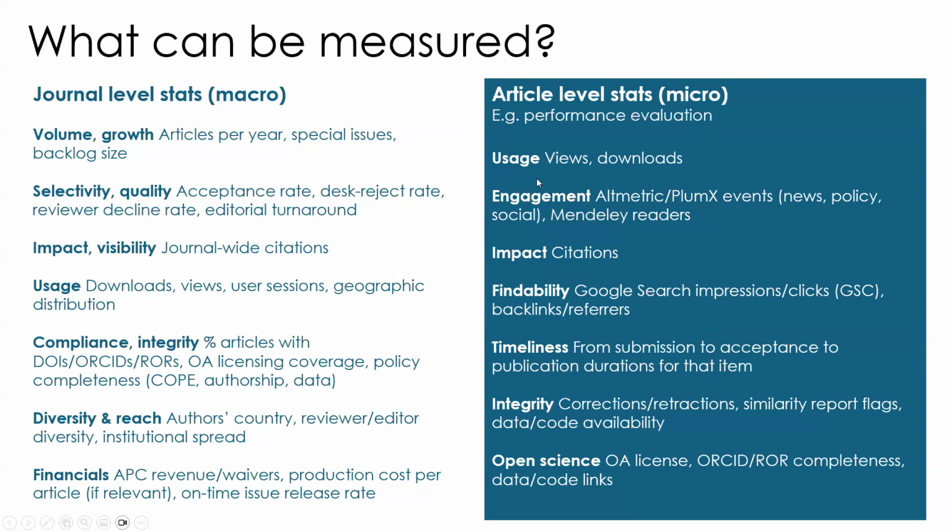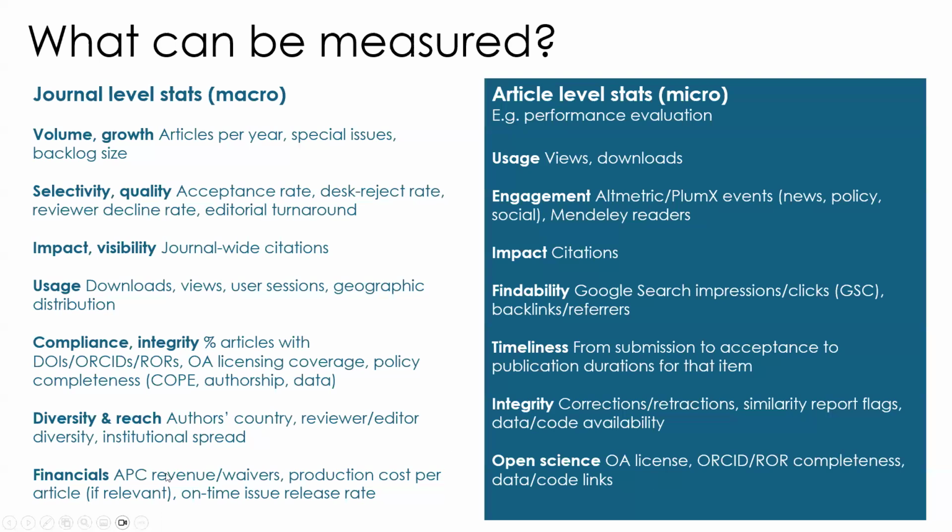I'm going to share with you how to measure the views and the downloads of an individual article. What tools are useful to measure engagement, citations, how findable the articles are through Google search, timelines, how soon after being submitted was the manuscript published, integrity, were there any corrections, retractions, etc., and is an open license assigned to the article, are the ORCID IDs complete?